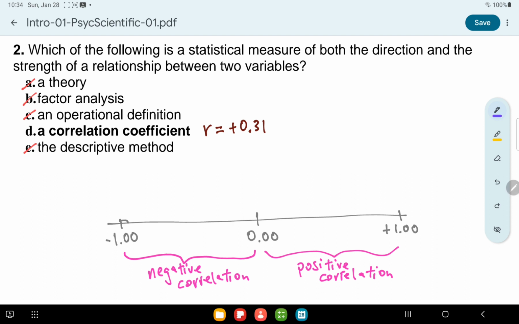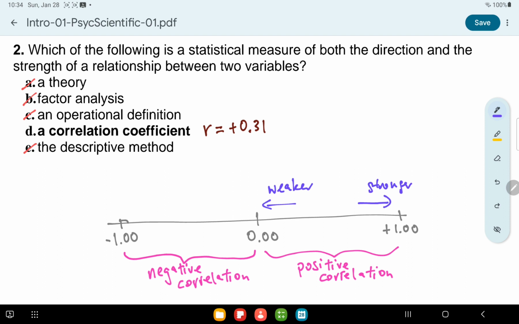The second piece of information that a correlation coefficient gives us is the relative strength of the correlation. The closer a positive number is to positive 1, the stronger the positive correlation. The closer a positive number is to 0, the weaker the positive correlation.